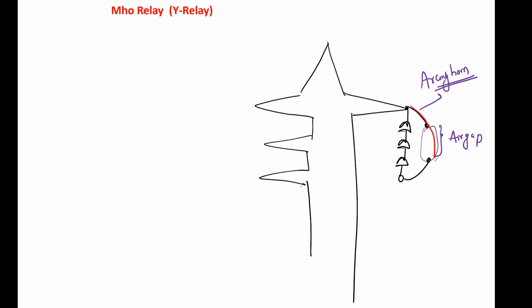Instead of short circuiting the insulator string, it will short circuit the air. With this, the arc characteristics are such that the arc is purely resistive.